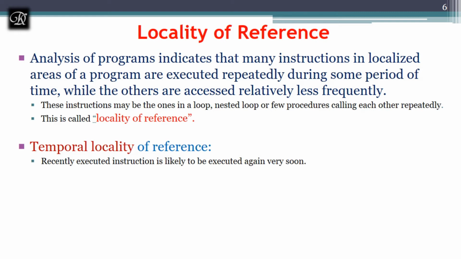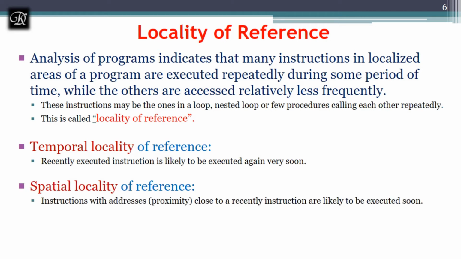In this we have two types. One is temporal locality of reference. The other one is spatial locality of reference. The temporal locality of reference says recently executed instructions are likely to be executed again very soon. Just as I have used something just before, I may use it again.